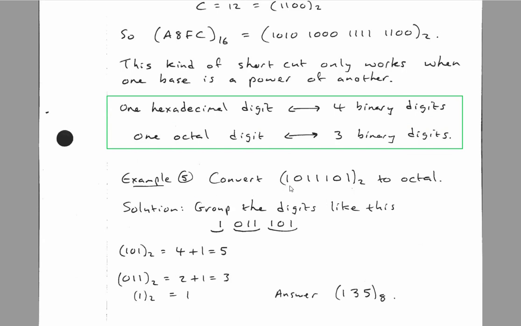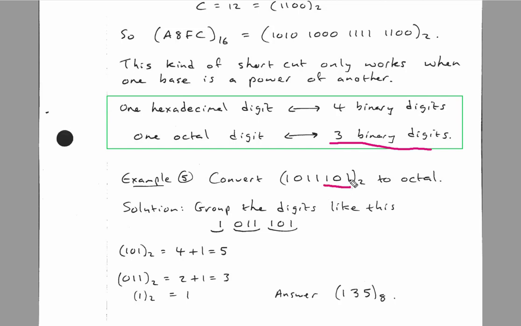So in this example, convert 1011101 base 2 to octal base 8. Okay, so we're just going to group.